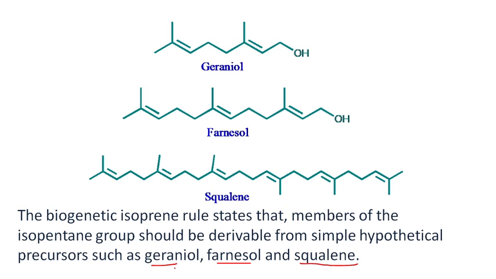Let's see the structures of geraniol, farnesol and squalene. Geraniol is a 10 carbon containing monoterpenoid. Farnesol is a 15 carbon containing sesquiterpenoid, and squalene is the 30 carbon containing triterpenoid.